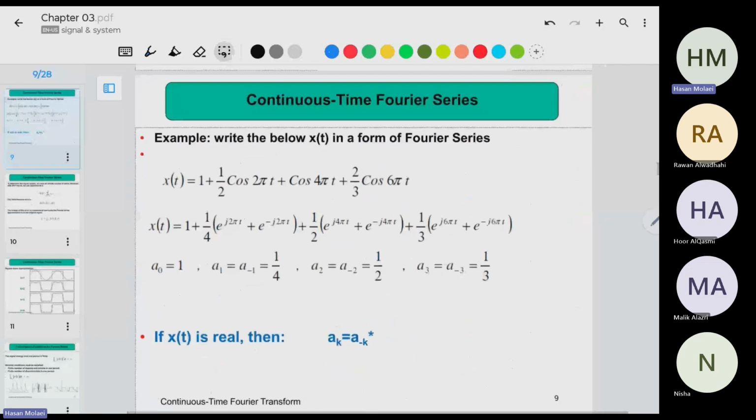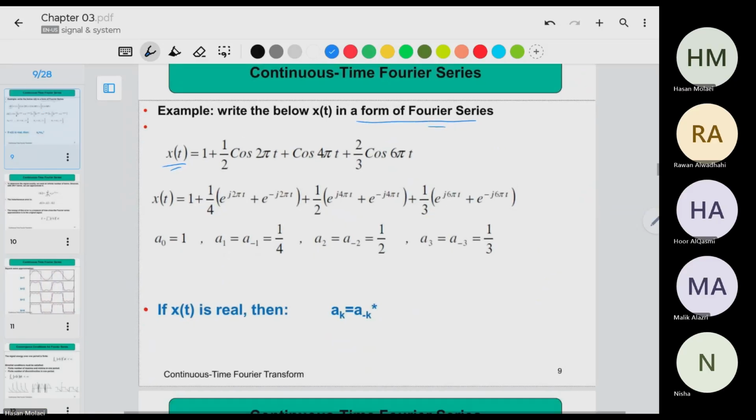Okay, another example. They want us to write this x(t) in a form of Fourier series. How can we do that? We know Fourier series is e to the power of jk omega 0 t.